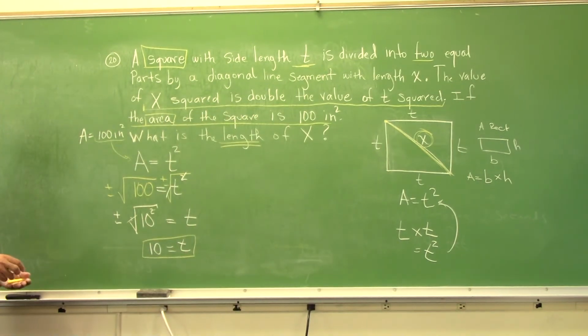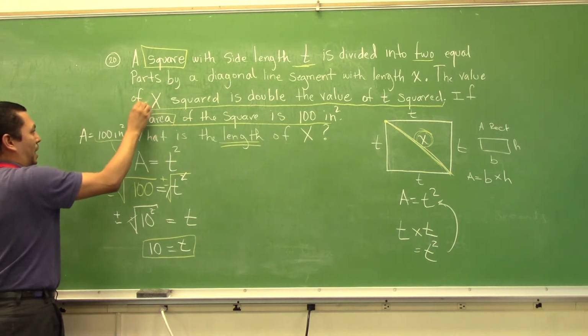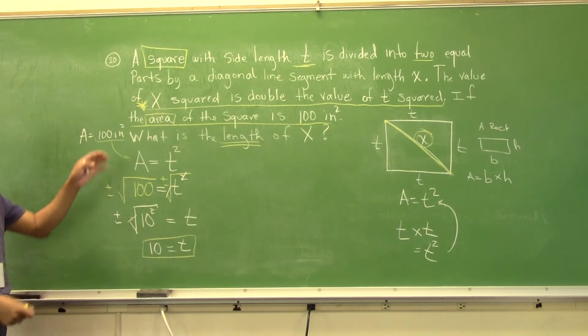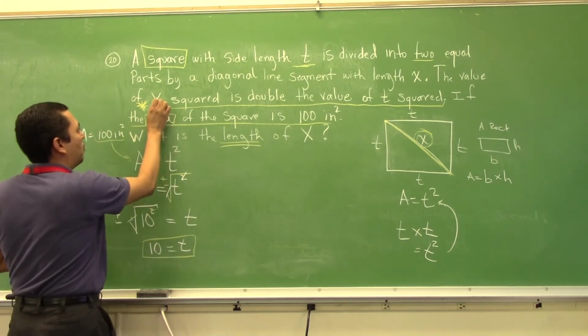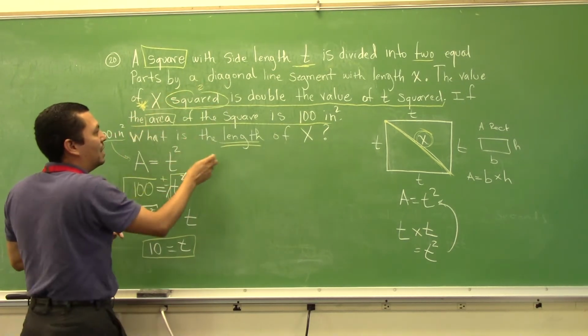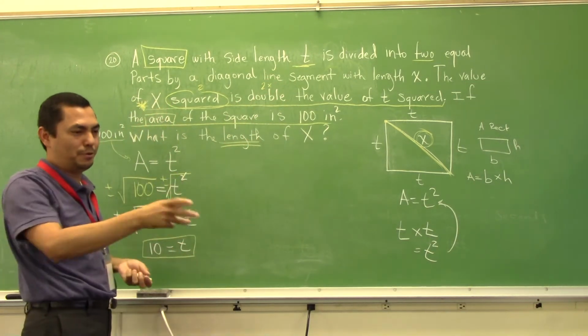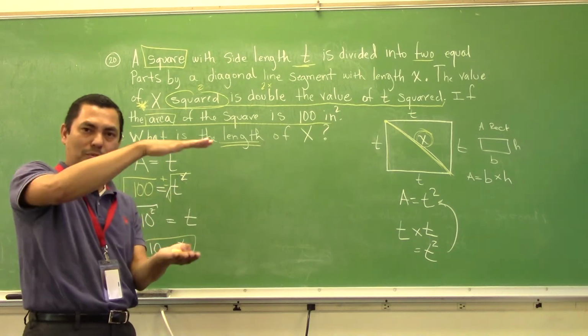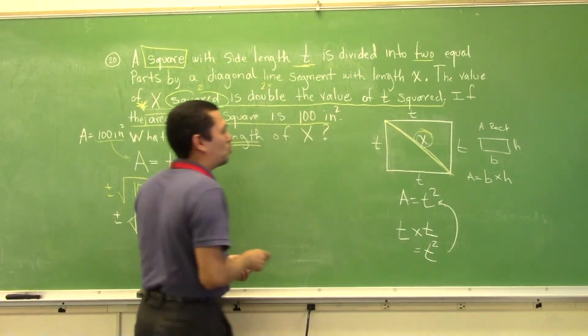Now, what is next? The equation that I told you was here. To find x, it says the value of x squared is double, so times 2, like when I said to put double meat. So they put double meat in the hamburger. x squared is double the value of t squared.